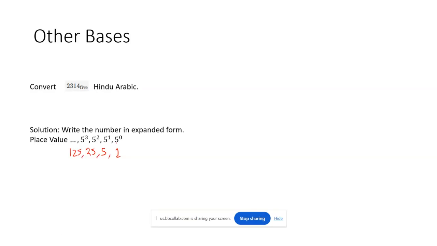Notice that I only need those place values because my number, 2314 base 5, only uses 4 digits.